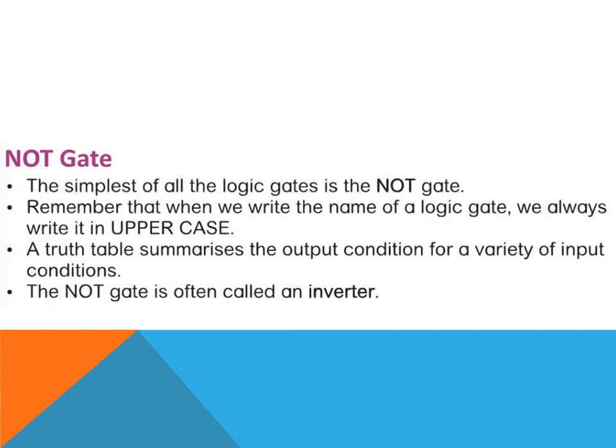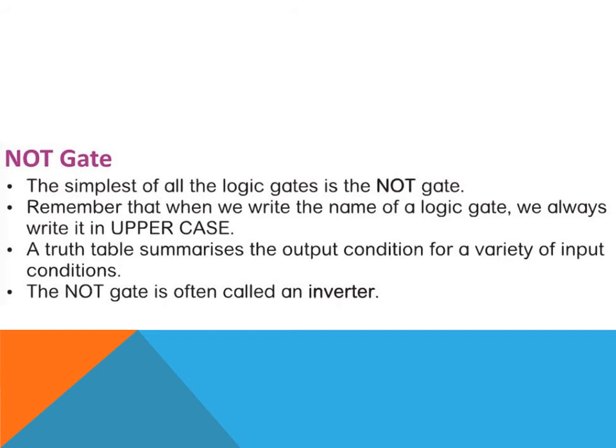Then a truth table summarizes the output condition for a variety of input conditions. In simple language, for different inputs, you will get different outputs. When you put these inputs and outputs in a table, that will be the truth table for that gate. Simple. Now the next point, the NOT gate is often called an inverter.